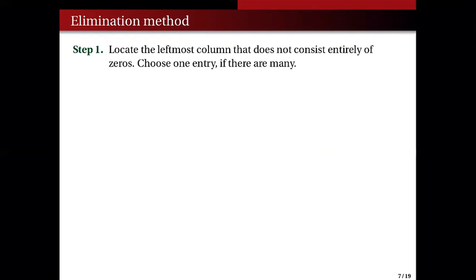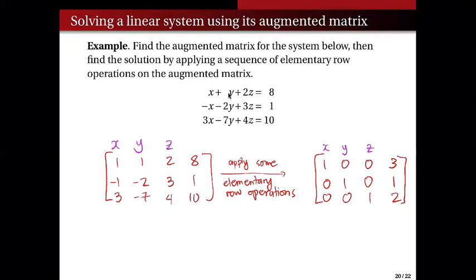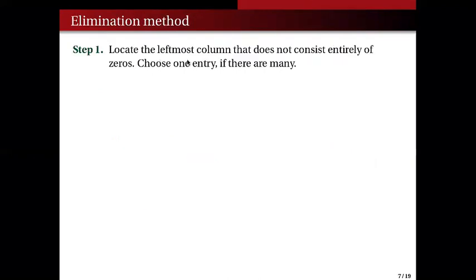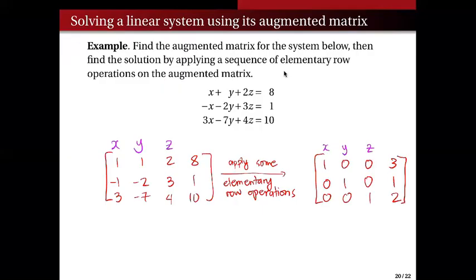So let us borrow again this example. We have this linear system. We have the augmented matrix here. So first step, locate the leftmost column that does not consist entirely of zeros. Choose one entry if there are many. In here, the leftmost non-zero entry is on the first column.